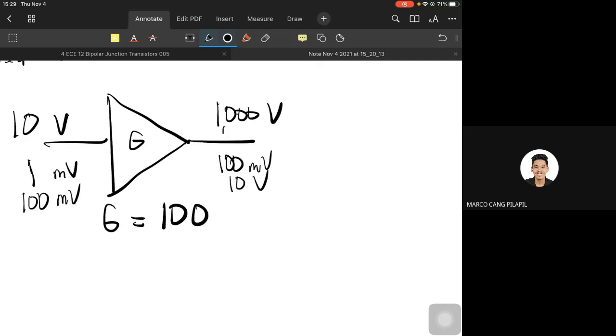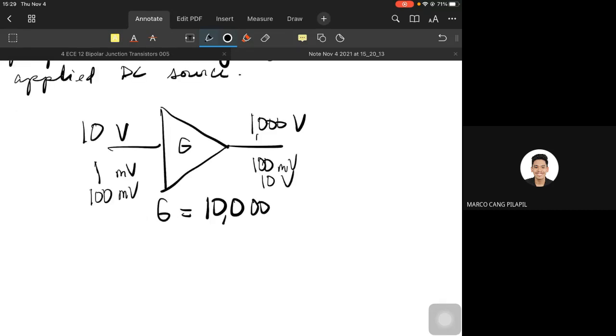Some amplifiers have gains in the range of tens of thousands to hundreds of thousands. It would be normal for us to observe an amplifier that has a gain of 10,000.